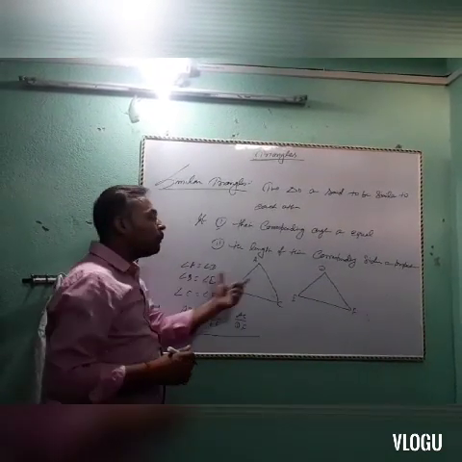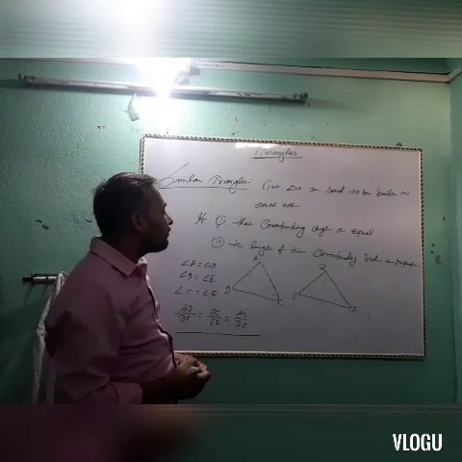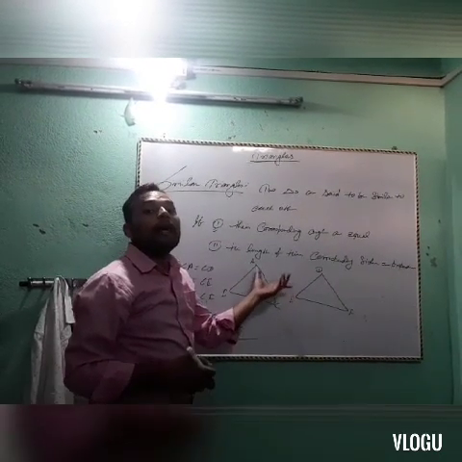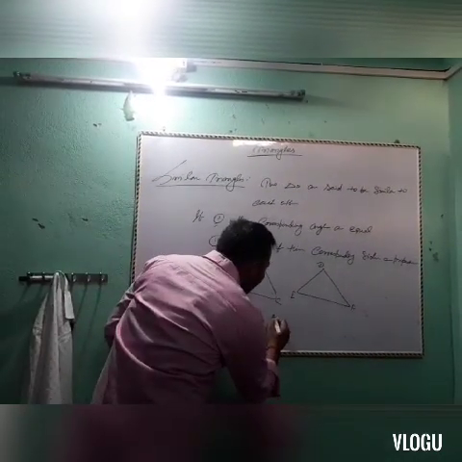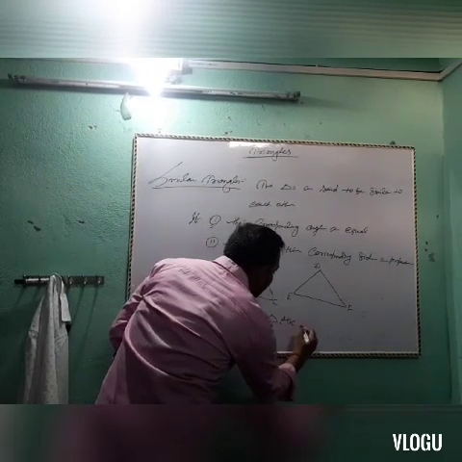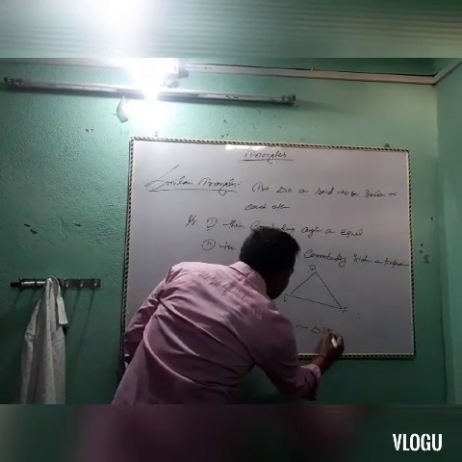Both conditions are followed in both triangles, so they are said to be similar triangles. So we say that triangle ABC is similar to triangle DEF.